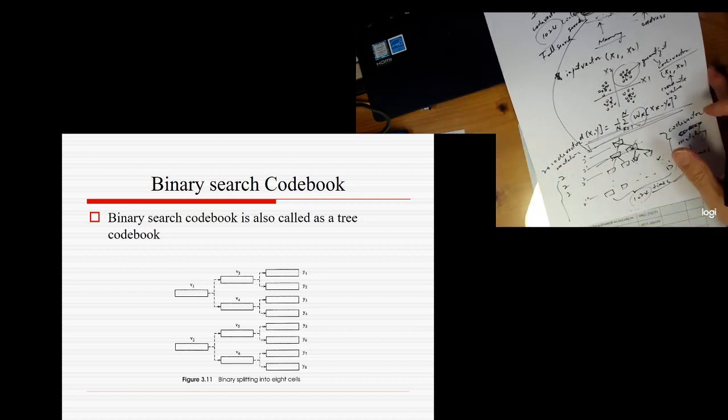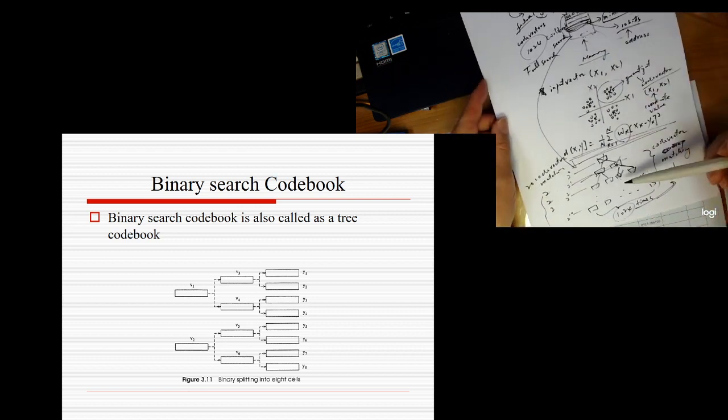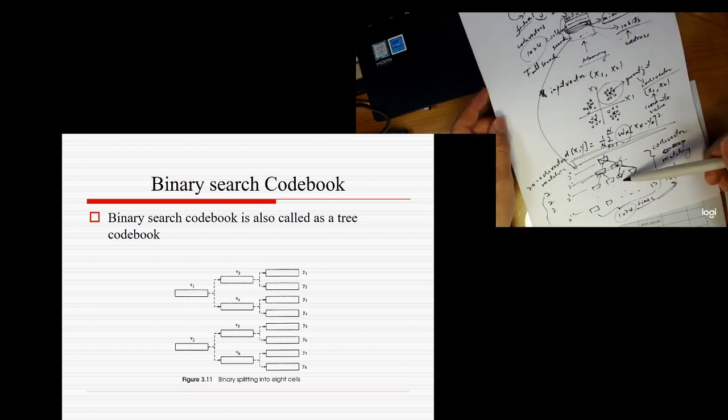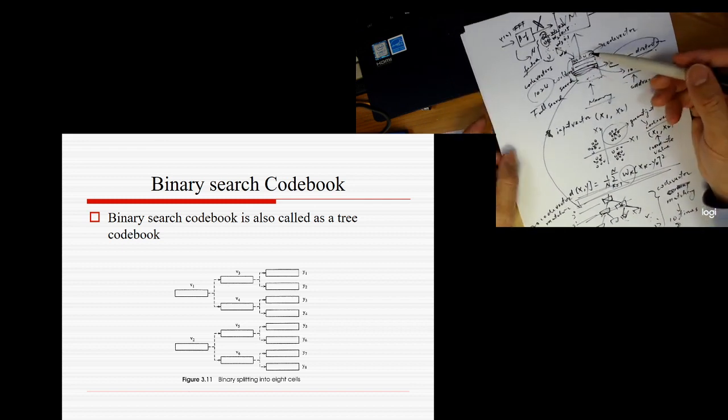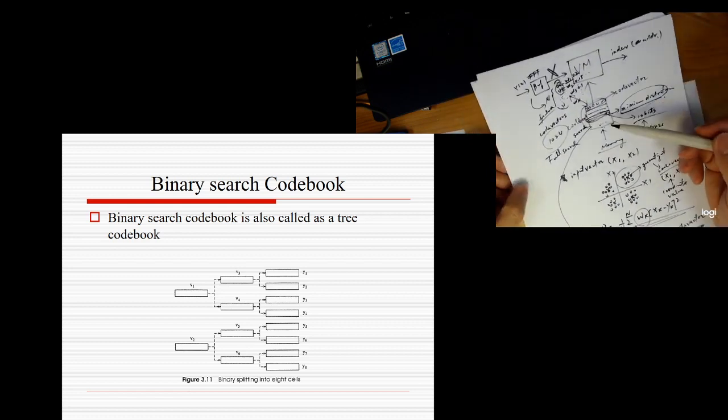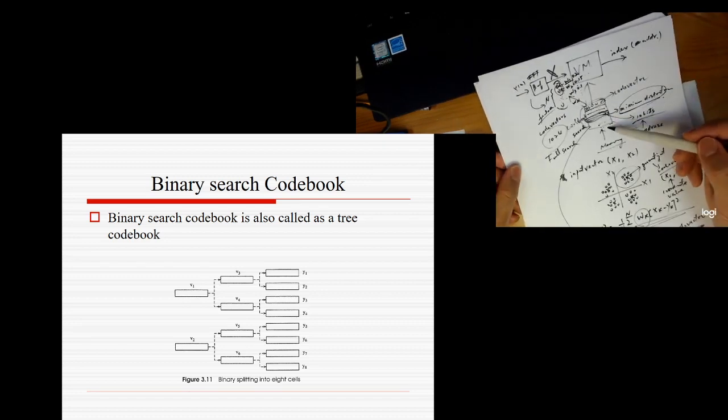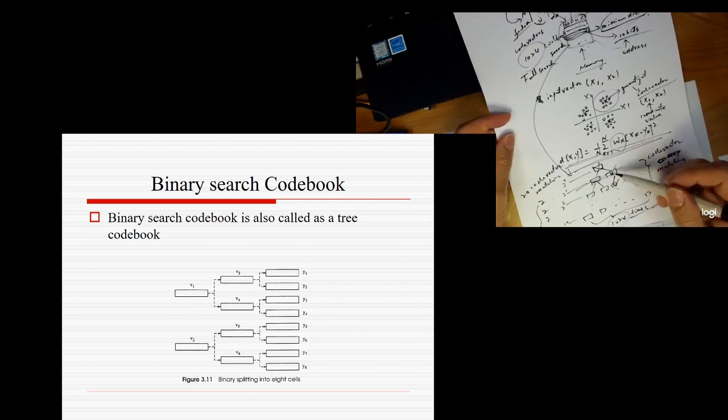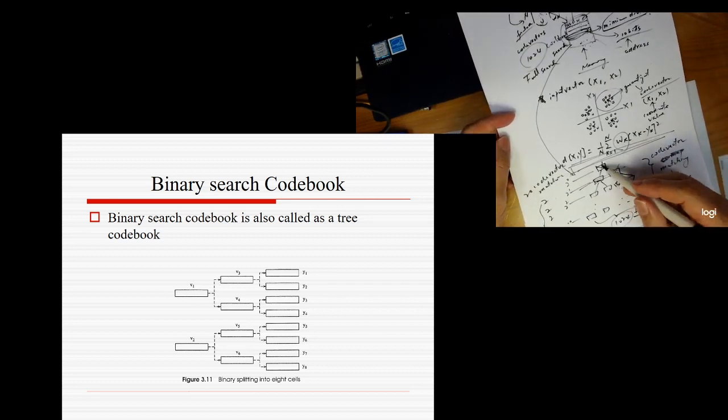So if you build your covectors into a tree, that reduces your covector search to find the winner. However, full search can get the best performance. Tree search sometimes goes in the wrong direction and you cannot find the best winner.